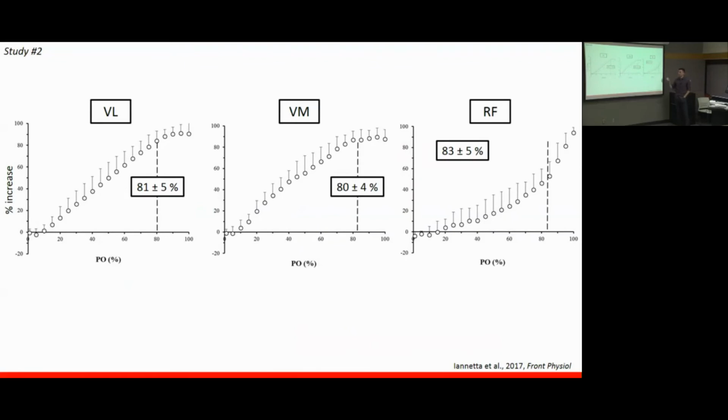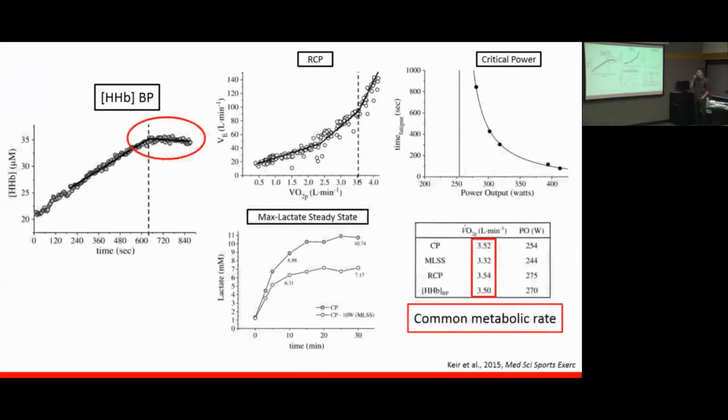So in this case, yeah, they were matching, but in the following. These are matching, but you also had a slide that showed the respiratory compensation point. Yeah, from Keir's paper. Oh, so that's somebody else's paper? Yeah, it's not my paper. Oh, okay. But here, this was critical power, maximal lactate steady state, respiratory compensation point, all at 80%.